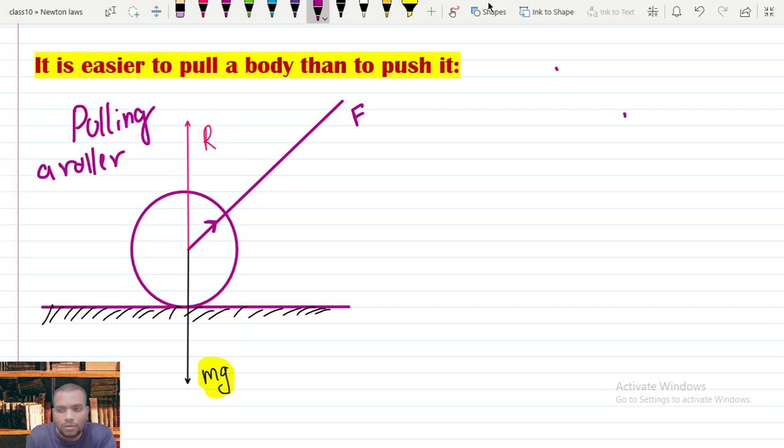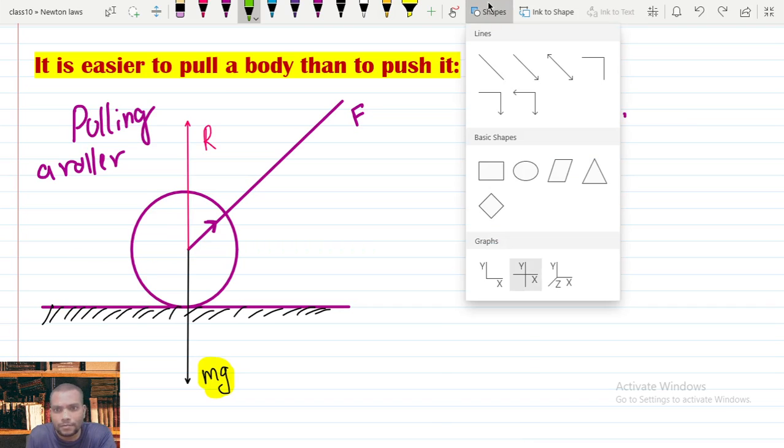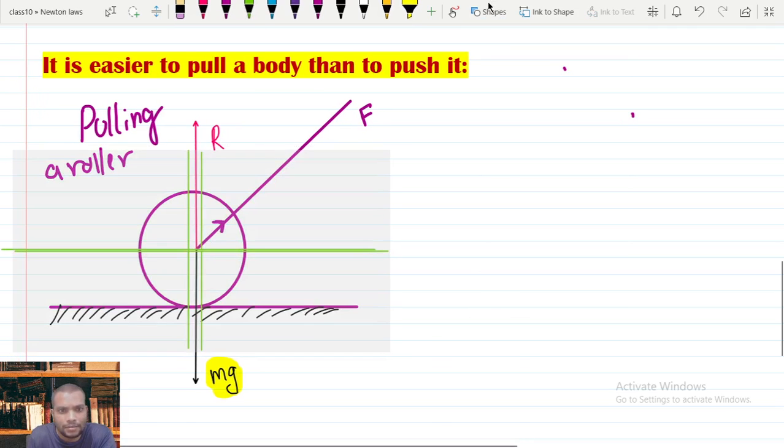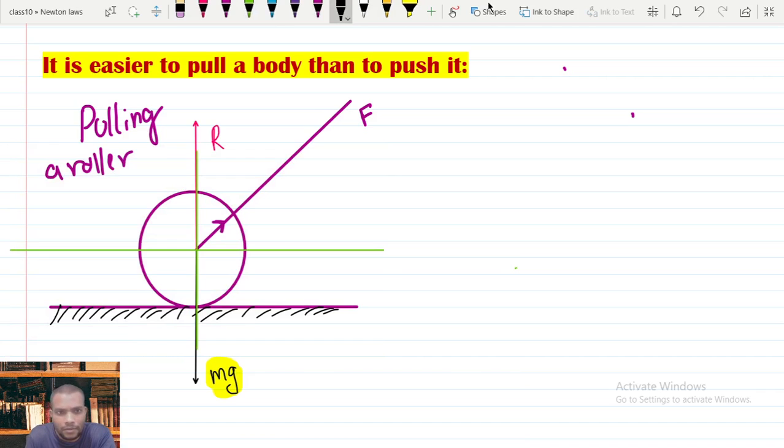Now for a moment I delete this handle to represent it very clearly. This is the force direction. Now this force is making an angle theta. Suppose I draw a rough coordinate axis here. The force is making an angle theta with the horizontal. If this is the force, it resolves into components.